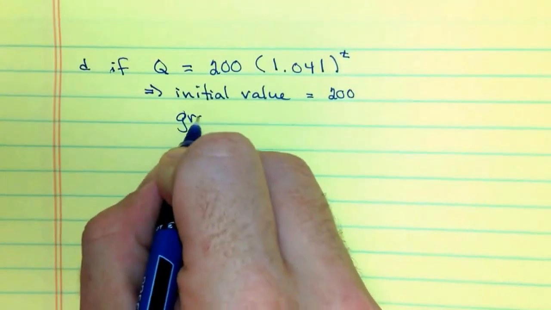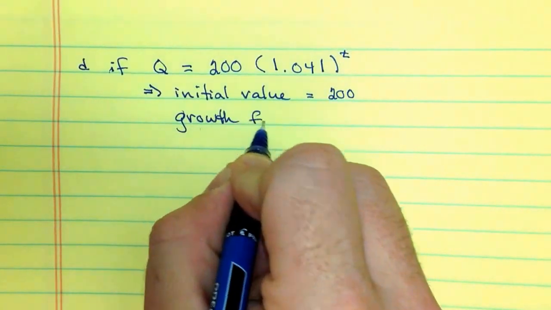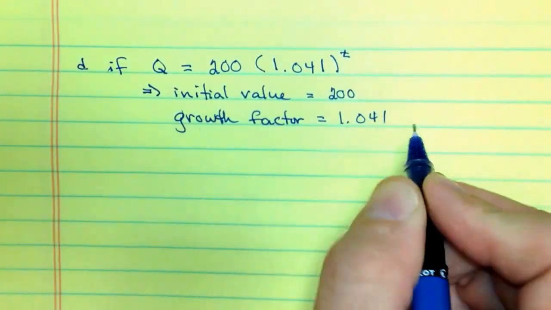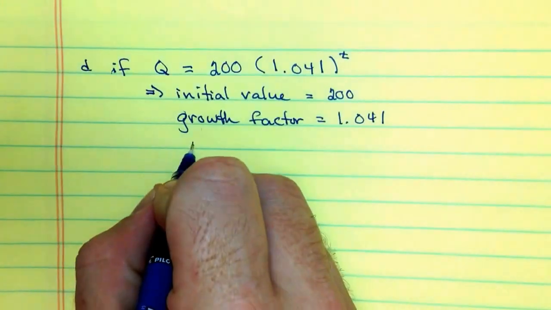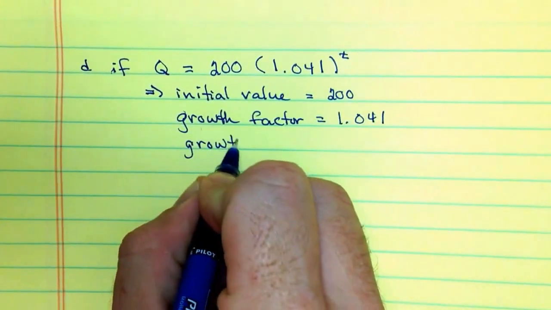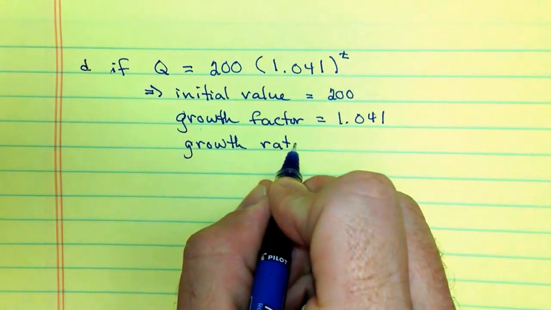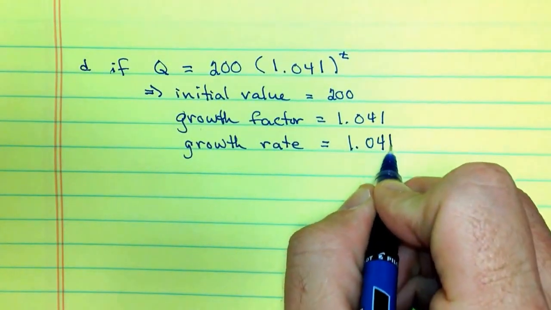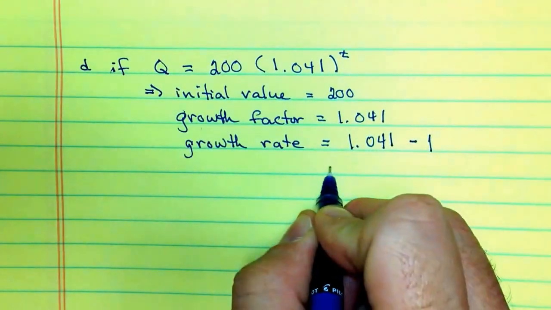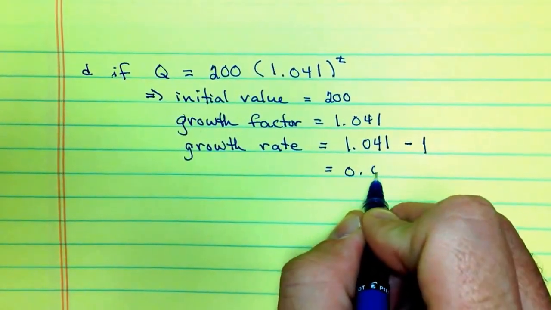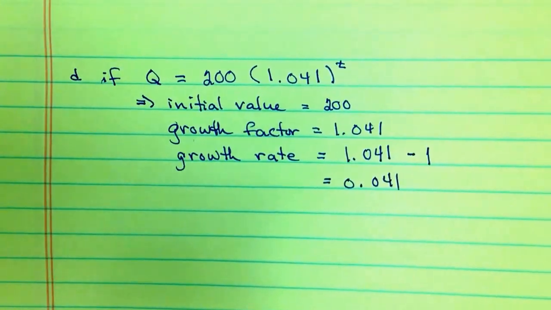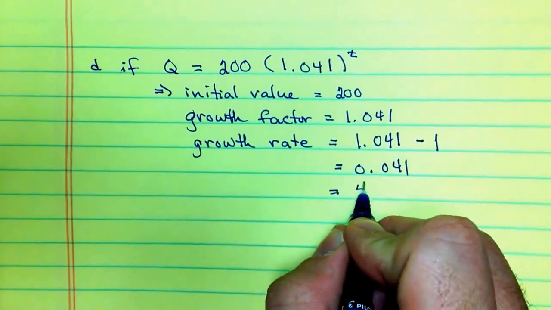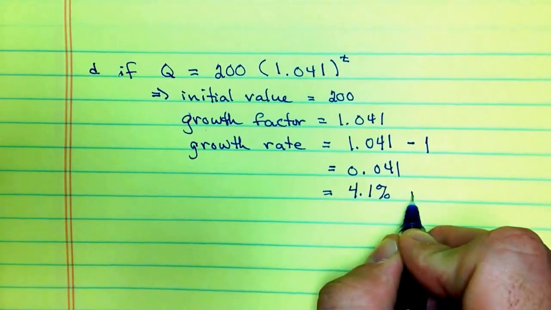The growth factor is 1.041. So then what's the growth rate? The growth rate is going to equal the growth factor, 1.041, minus 1, which in this case is 0.041. Then we write that as a percentage, so that is a 4.1% increase.